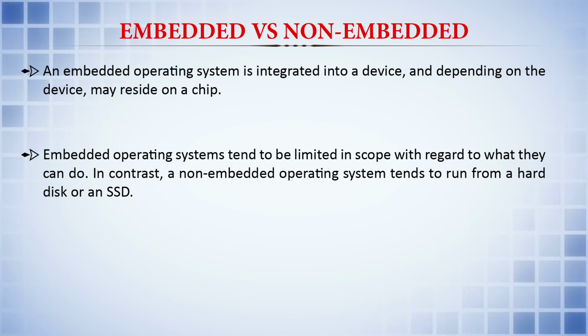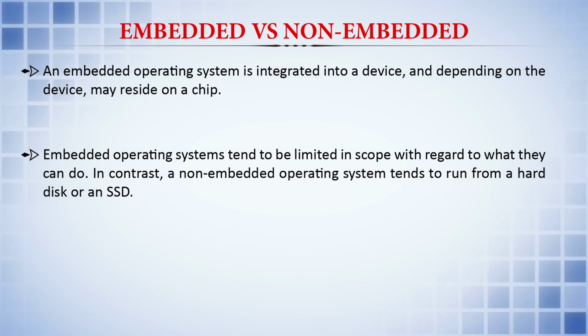In contrast, a non-embedded operating system tends to run from a hard disk or an SSD. So, when you take the case of a general purpose computer in the switched off state, the operating system like Windows or Linux resides on the hard disk. Whenever the booting process is on, the next step is that the whole operating system will be loaded onto the RAM.